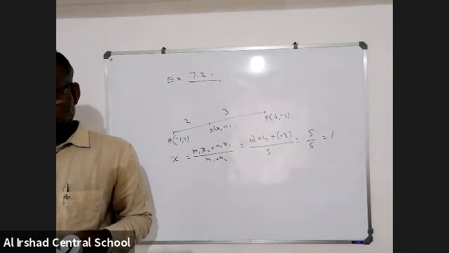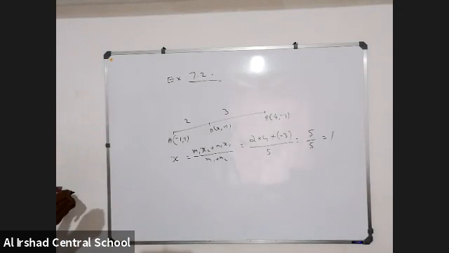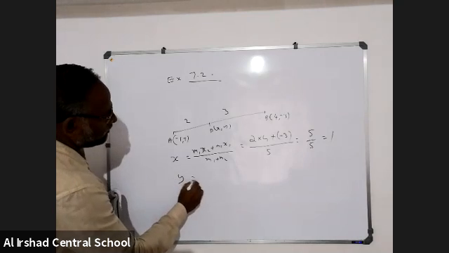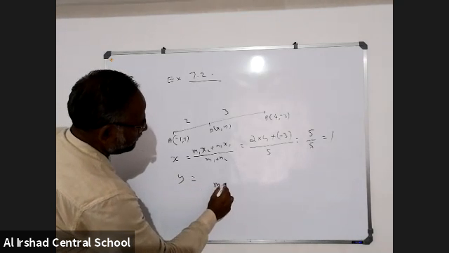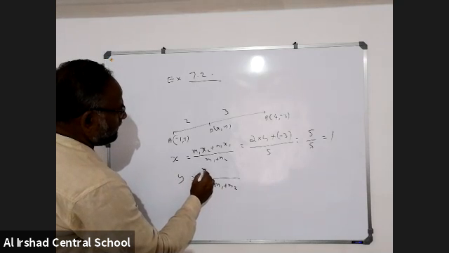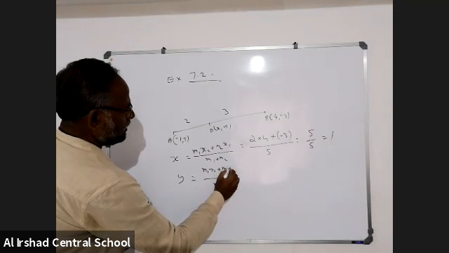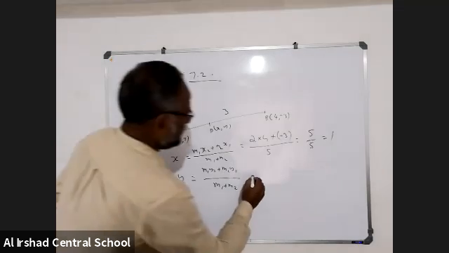Y, good. Y is equal to, formula you have to write, M1 plus M2, then M1. Y is equal to 3. Okay, good. M1, M2, M2, Y1. This we know.